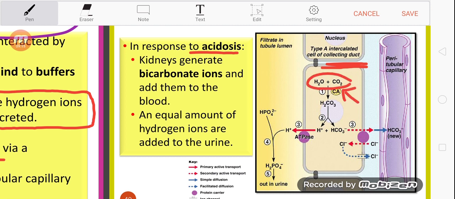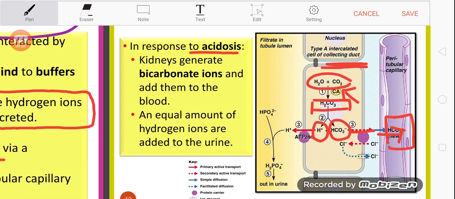With the help of this enzyme, it will form carbonic acid, and once formed, the carbonic acid will dissociate into H plus and bicarbonate ion. This bicarbonate ion will be transported into the interstitial fluid by the co-transport system, by active transport, and then it will enter the blood capillary as new bicarbonate ion.